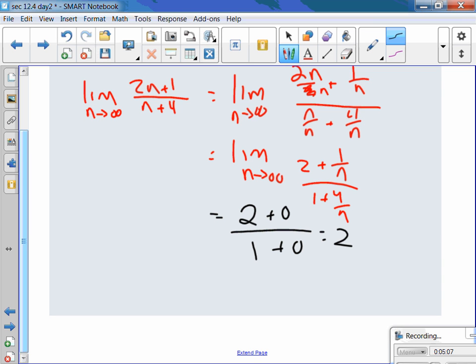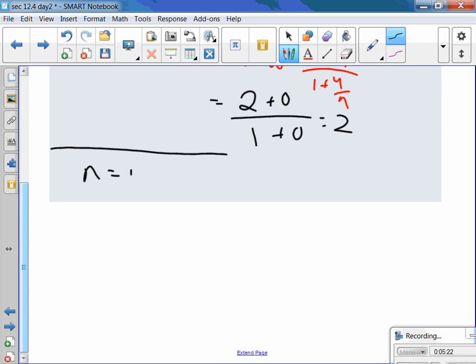What is it that Stephen was talking about? Comparing the powers. I take a look. What is the degree of my polynomial in the numerator? What about the denominator? So here we have the case where n equals m. So when n equals m, what is my horizontal asymptote?